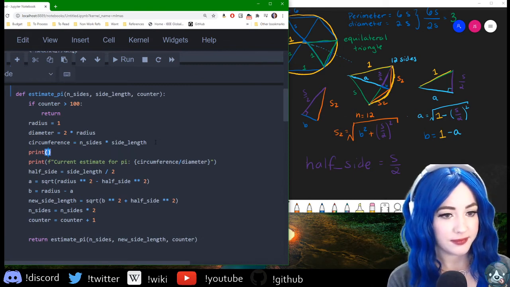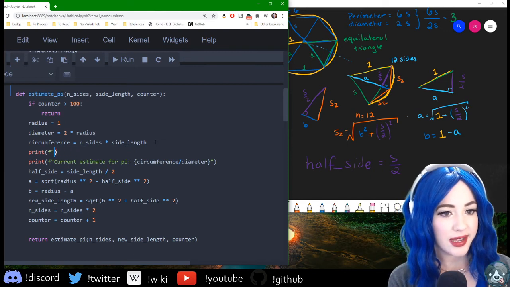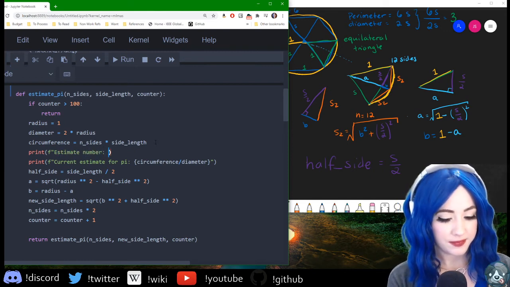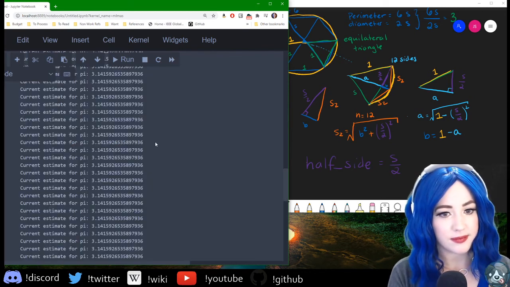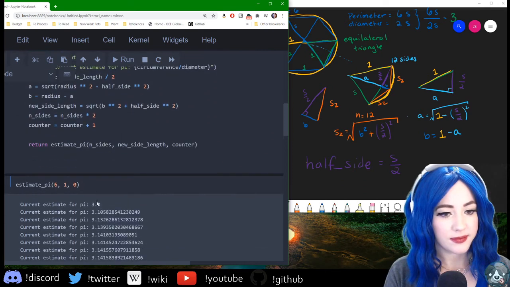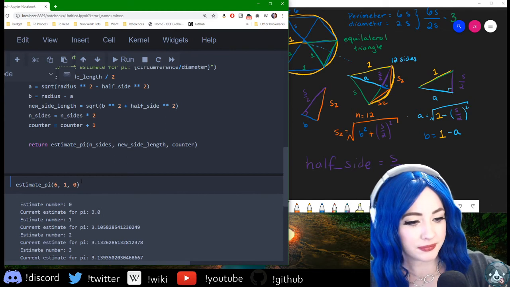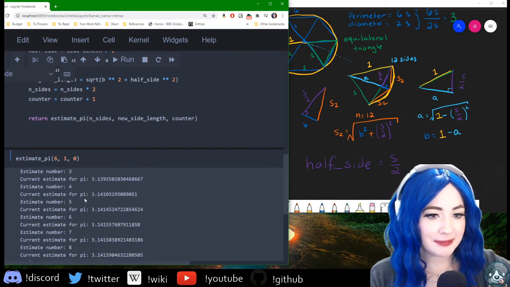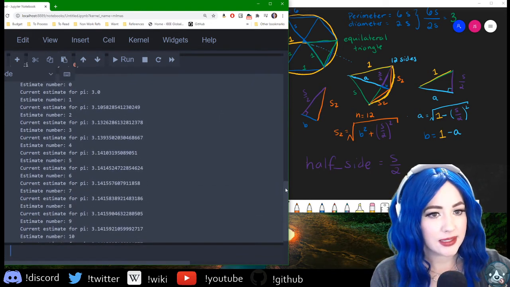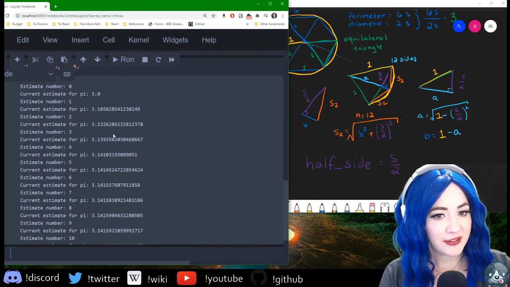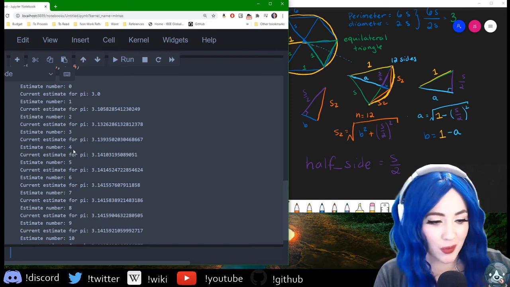Yep, super atom. So you can see here, after 4 estimates, we're already at 3.14.